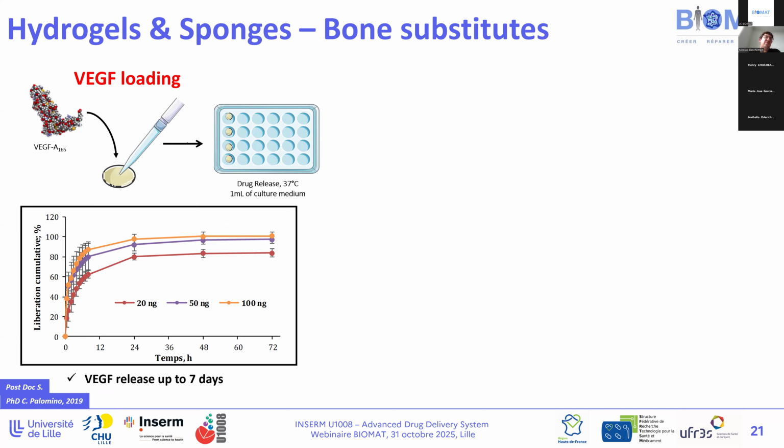In this case, we have a small amount of medical device, so we put it in a multi-well plate, and at different times, we determine the amount of VEGF that we can load and release. You can see on this figure that the greater the quantity of VEGF at the beginning, the faster the release.